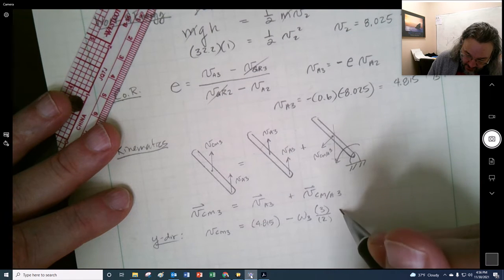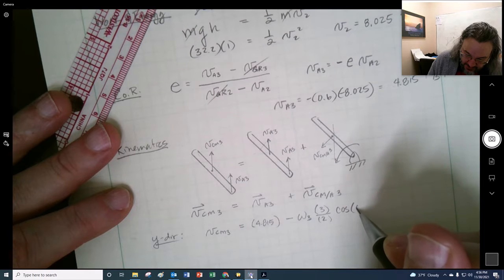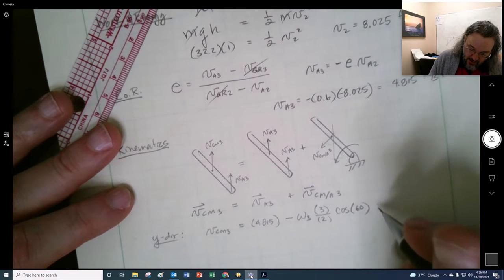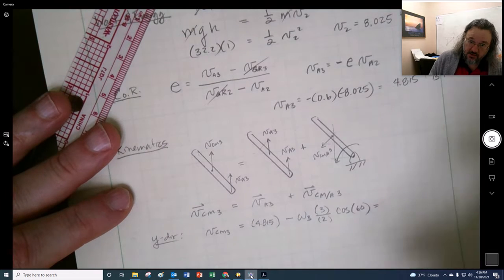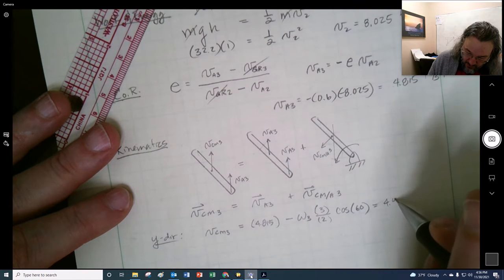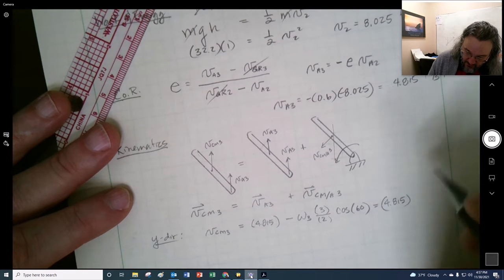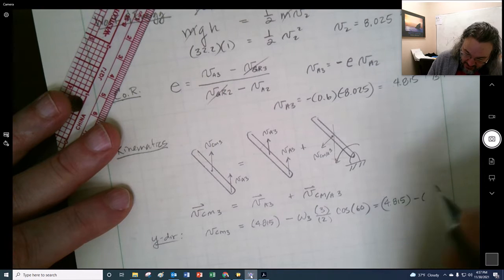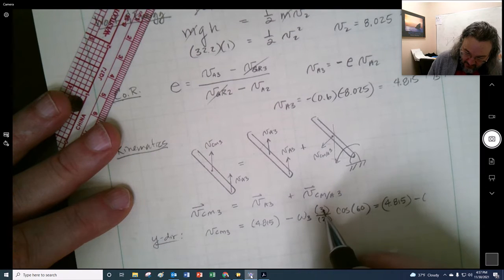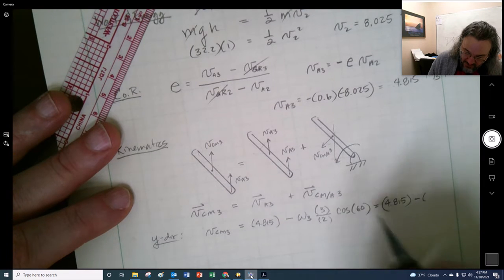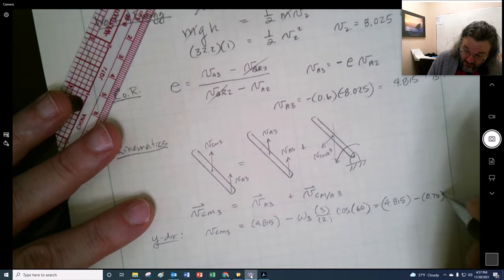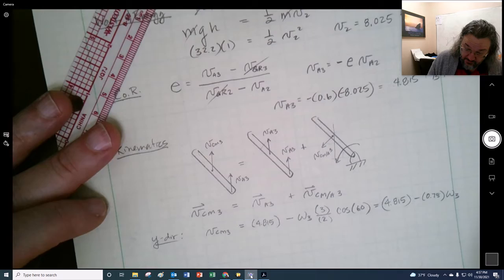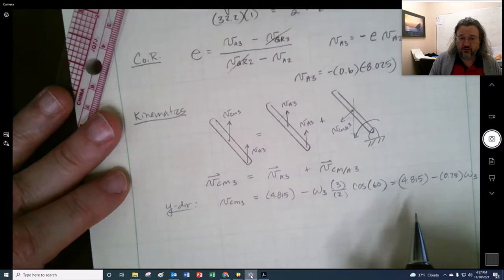But now we need the cosine of 60 degrees. This turns out to be 4.815 minus, and I think that goes 0.75, right? Because that's 1.5, and the cosine of 60 is 0.5, so I think it's 0.75 omega 3. That's a good relationship for us.